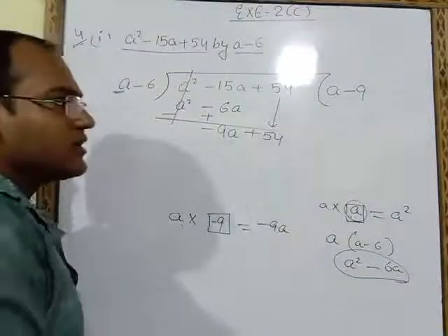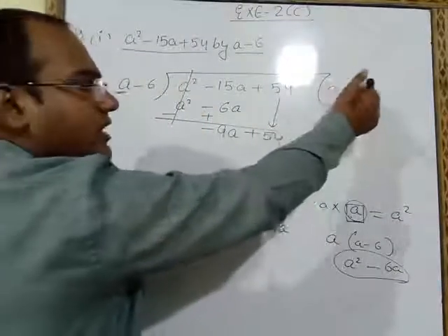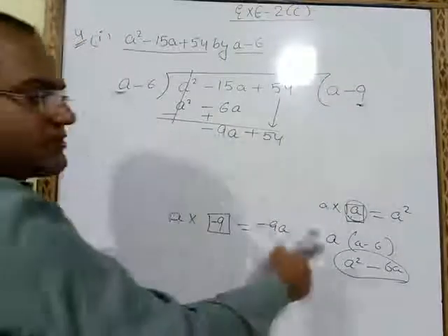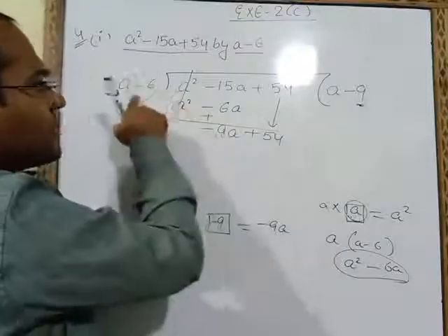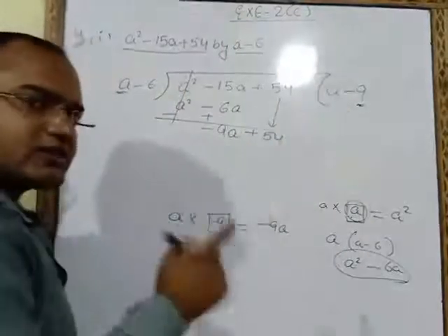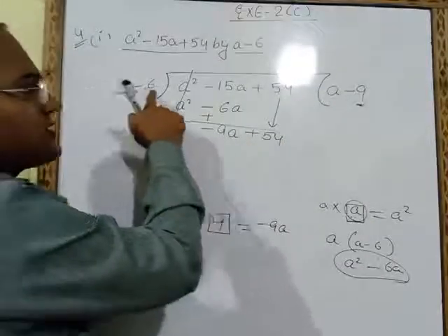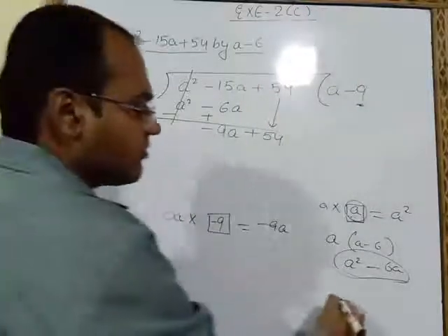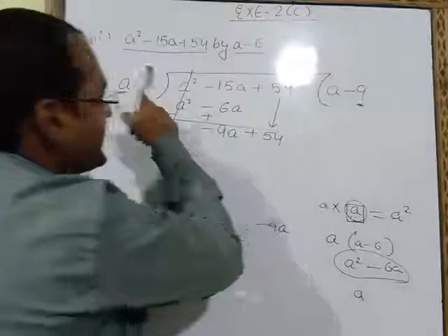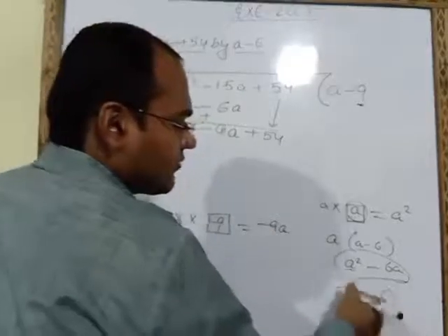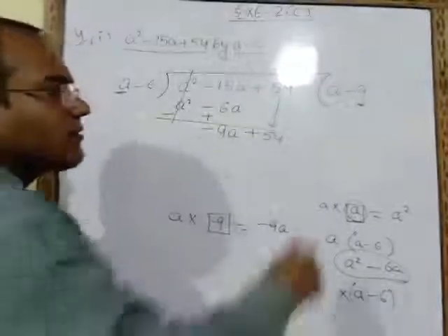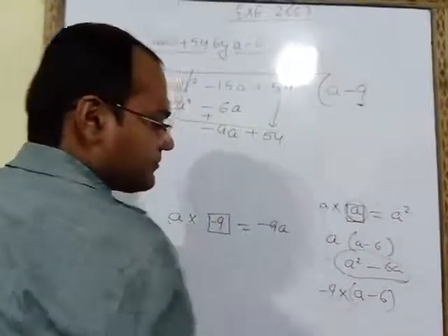Now this minus 9 which we have written, we have to multiply with both the terms, as we did before with a minus 6 multiplied by a. In the same way we will multiply a minus 6 by minus 9, taking the minus also. So we write a minus 6 in the bracket and multiply it with minus 9.